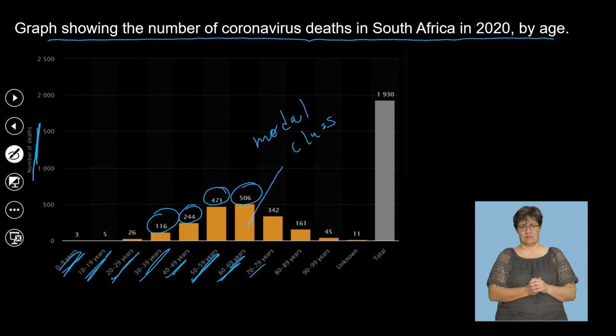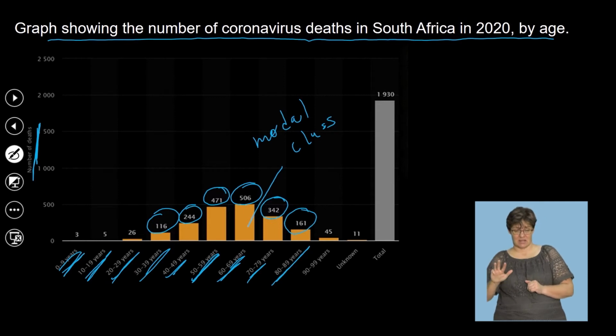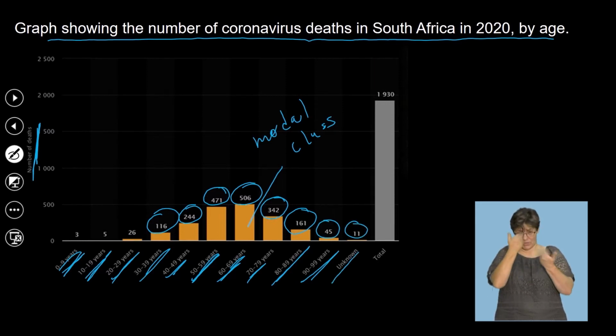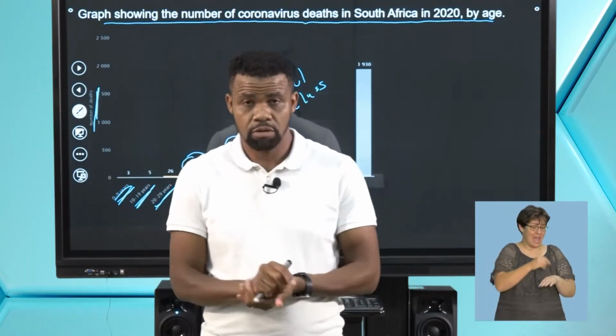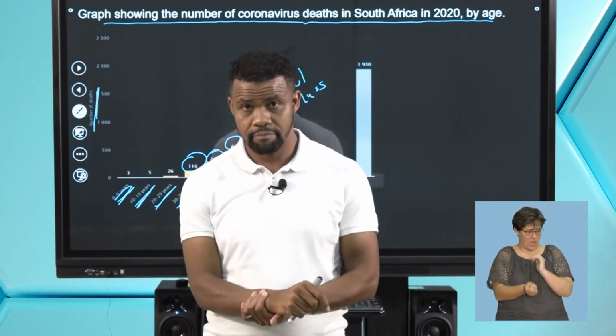Then 70 to 79, it's about 342, 80 to 89, 161, and 90 to 99, 45, and unknown 11. What does unknown mean? We don't know their age. How does that happen?